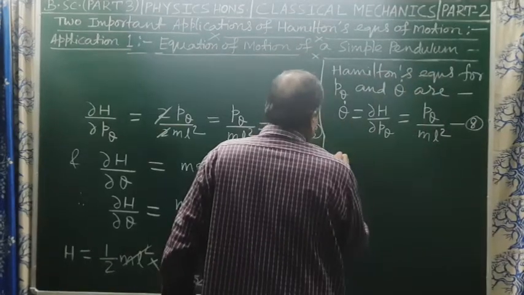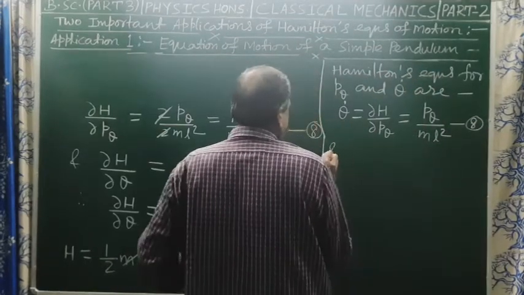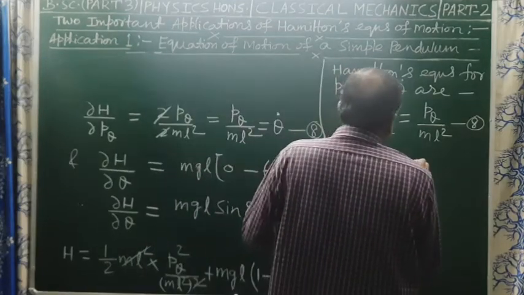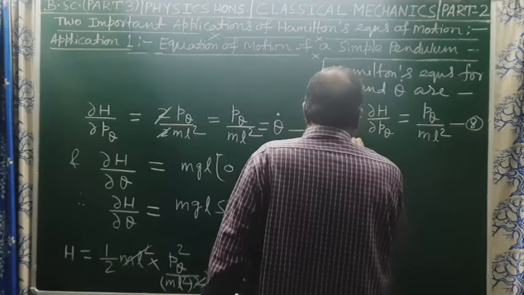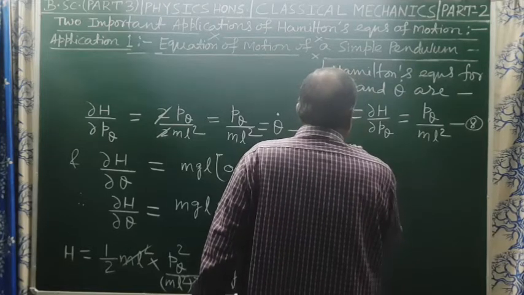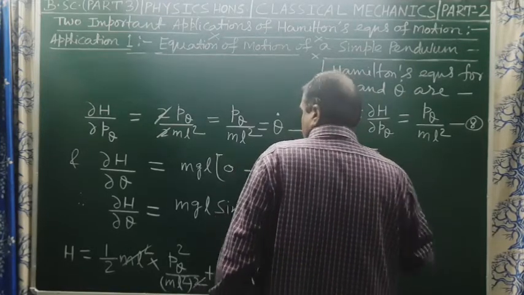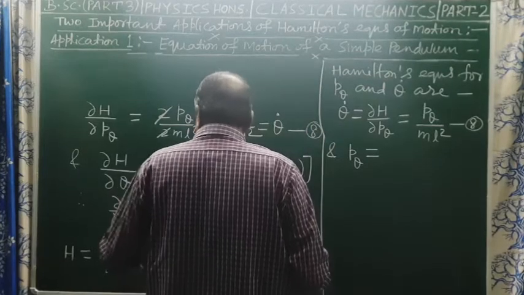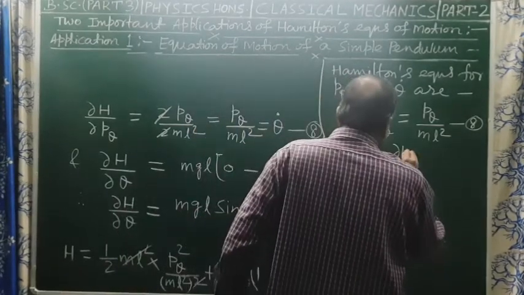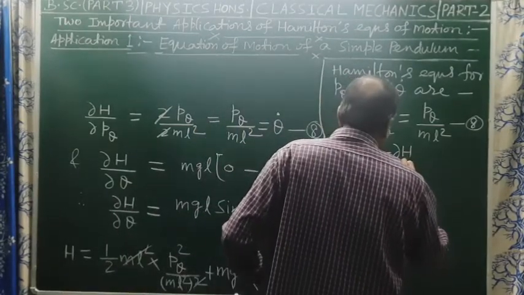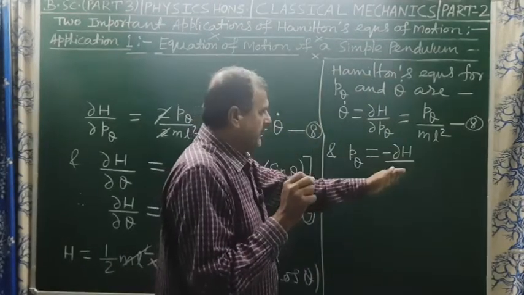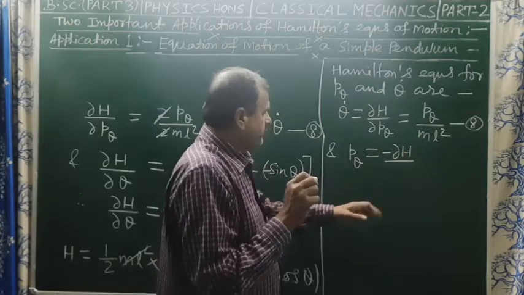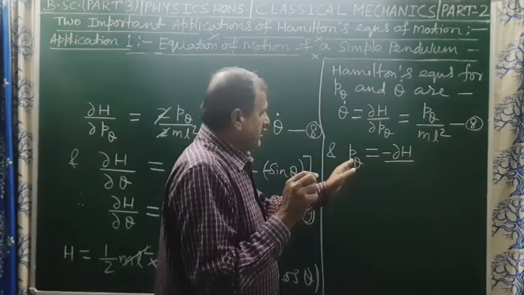And for P theta, Hamilton's equation of motion is P theta dot equals minus delta H by delta theta, using one of Hamilton's canonical equations of motion. Pk dot is equal to minus delta H by delta qk.